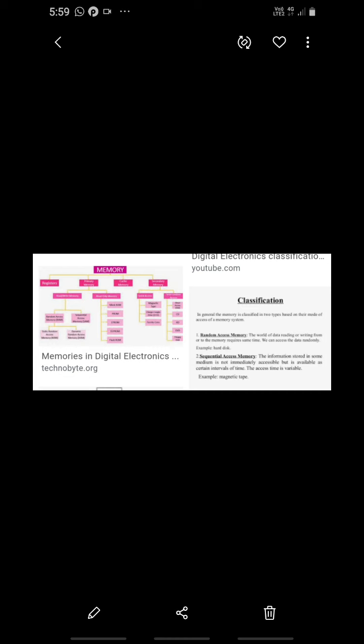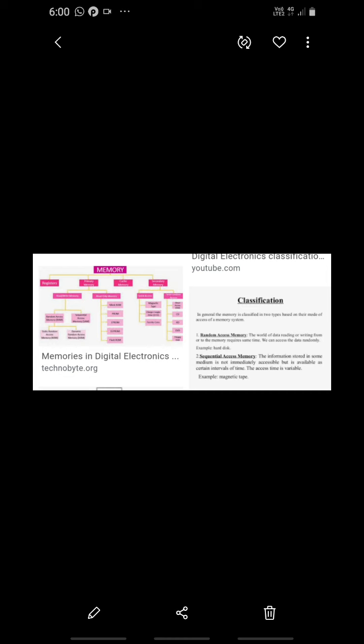Auxiliary memories are cheaper than the semiconductor memories. In auxiliary memories, the information is stored in magnetic or optical form, but in semiconductor memories, the information is stored in voltage or charge form.